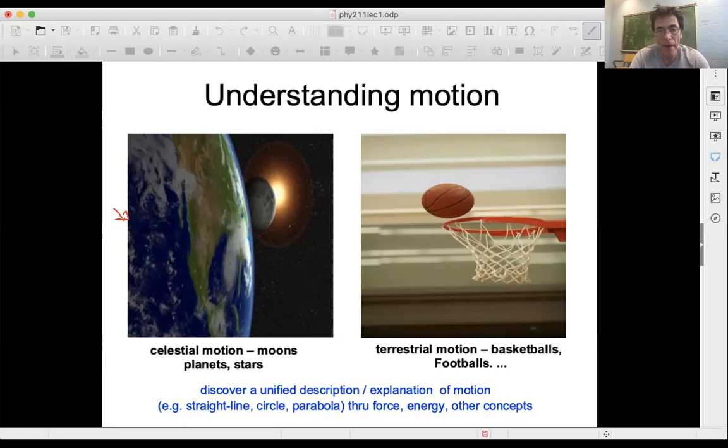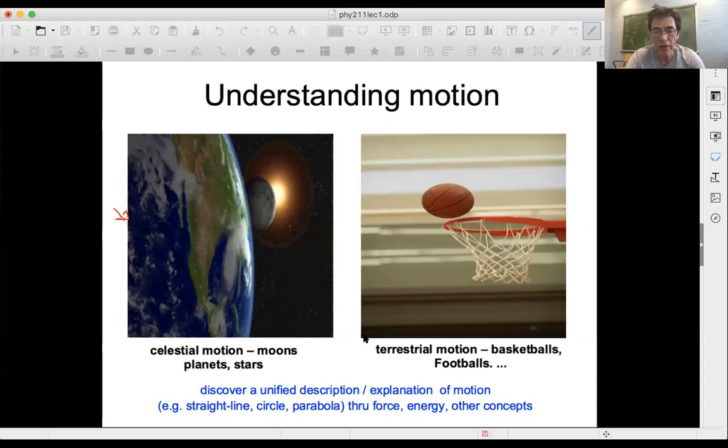Okay, so I said that one of the things this class is about is understanding motion. And I've pictured here on the left and the right, over here on the left is what we call celestial motion. And over here on the right, the basketball is an example of terrestrial motion.